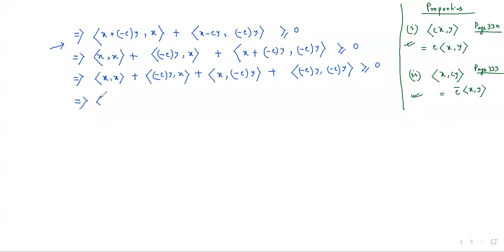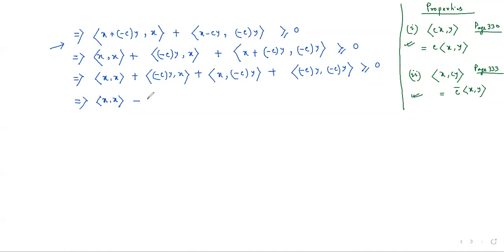Okay. So we write it as x comma x. When the scalar quantity is with the first vector, it just comes outside. So here the scalar quantity is minus c. It is getting multiplied by the first component.